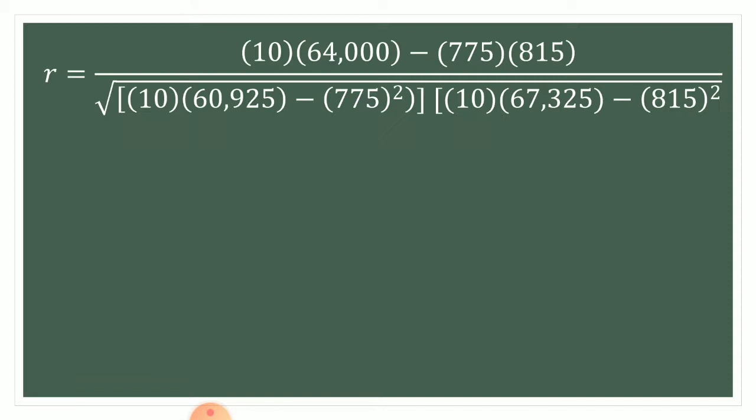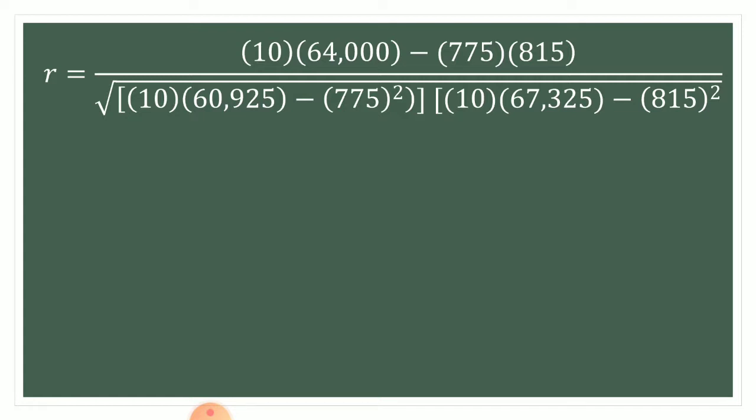Then substitute these values into the formula. So that is now r is equal to 10 times 64,000 minus 775 times 815, all over the square root of the quantity 10 times 60,925 minus 775 squared, times the quantity 10 times 67,325 minus 815 squared.